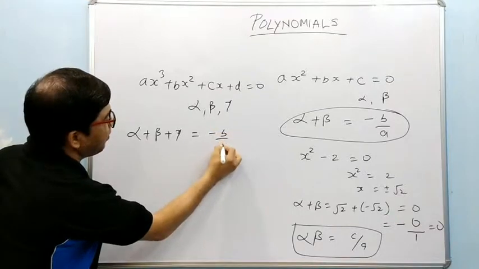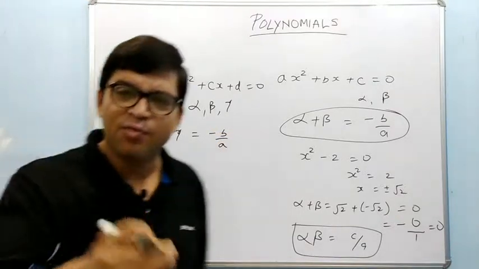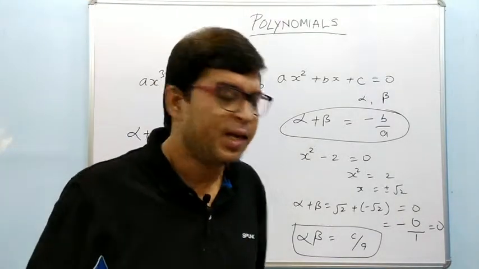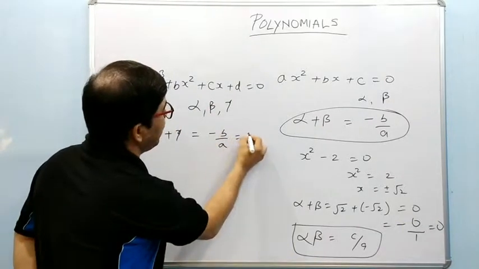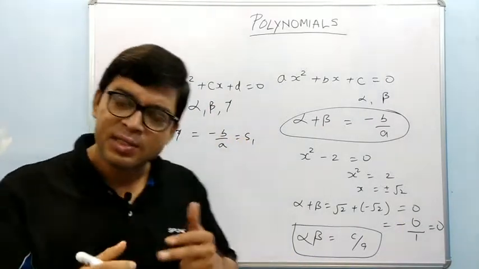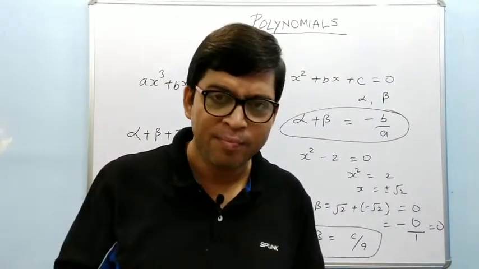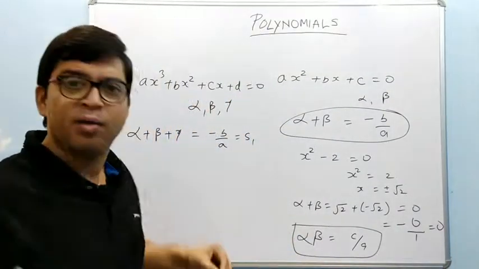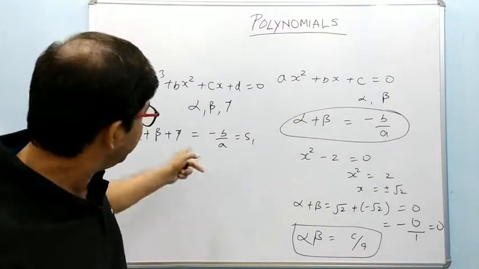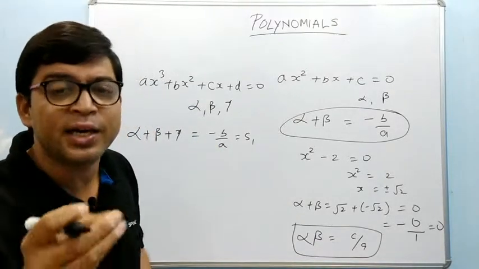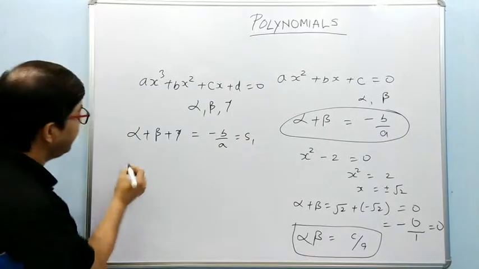Minus b by a. Just for the sake of easy understanding, I name it as S1. S1 means the sum of the roots taking one root at a time, that is alpha plus beta plus gamma, that is minus b by a. It is a very easy technique I am telling you for how to remember. S2.